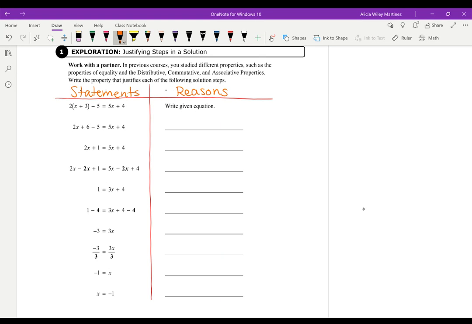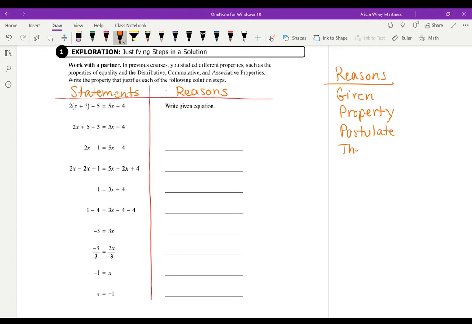Okay, just a little heads up about reasons. Reasons can be things like, as you saw, it could be given. It could be properties, like we've talked about today. It could also be a postulate. Postulates that we have talked about are segment addition postulate and angle addition postulate, just to name a couple.